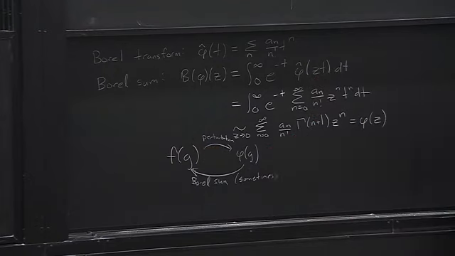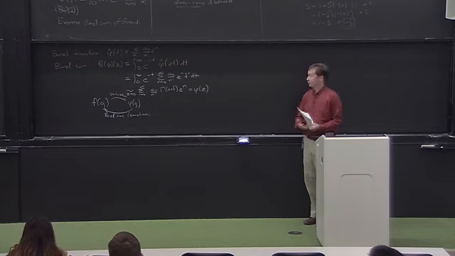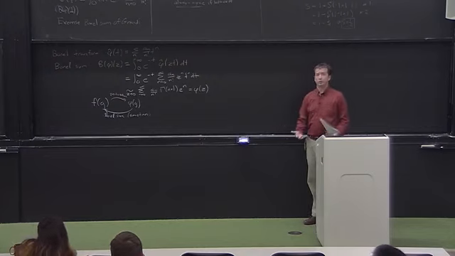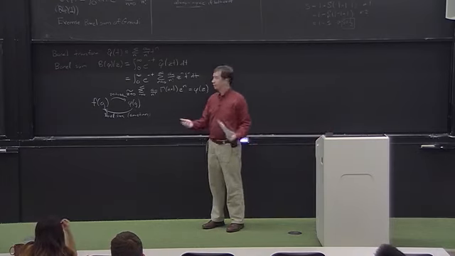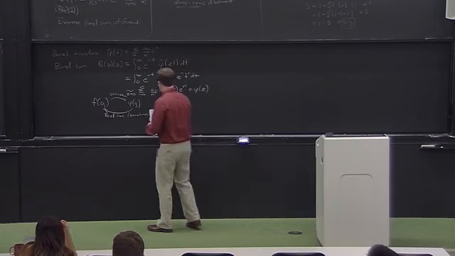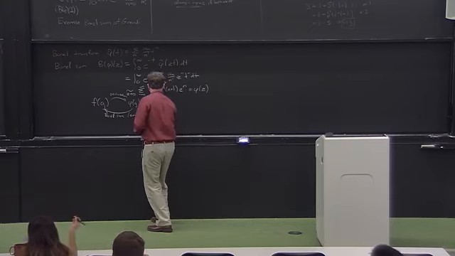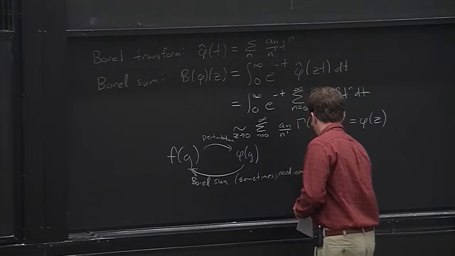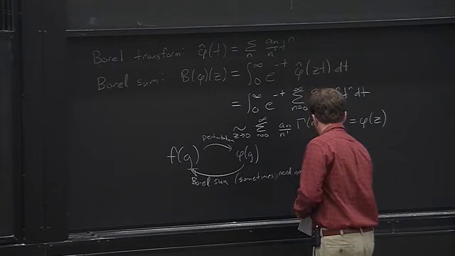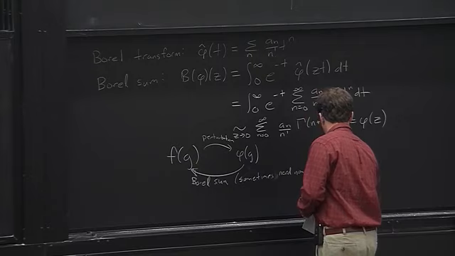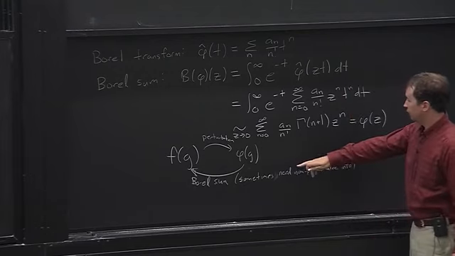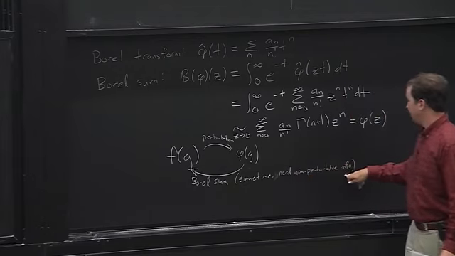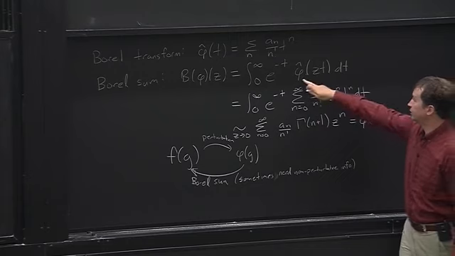So things like, if we're interested in ground state energy, we might need some information about the tunneling when the parameter is negative. And this non-perturbative information can show up as an obstruction to doing this integral.